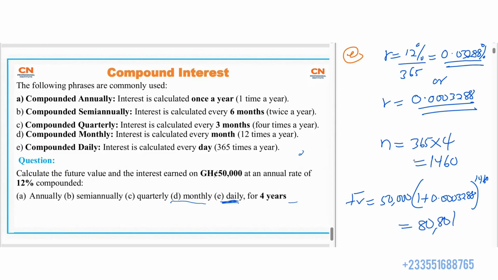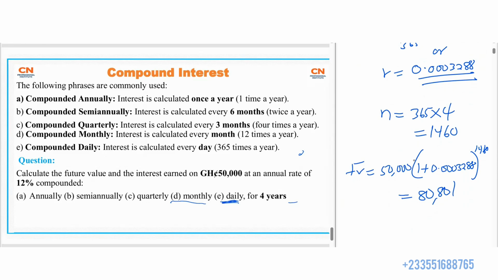As I said, if you're not getting the same figures, don't worry. Maybe because of roundings there might be some slight differences. Focus on getting the understanding and how to compute it.